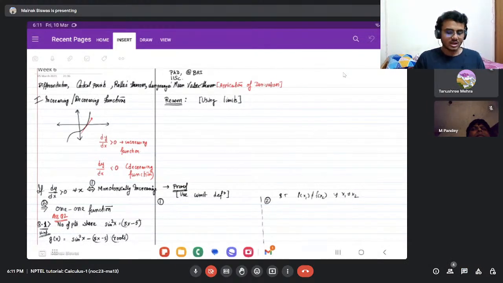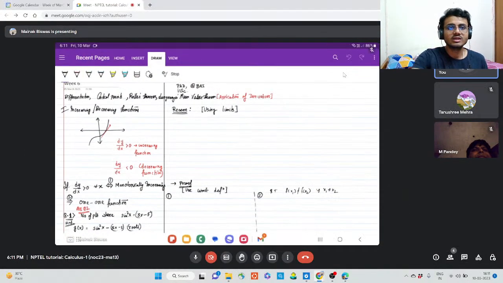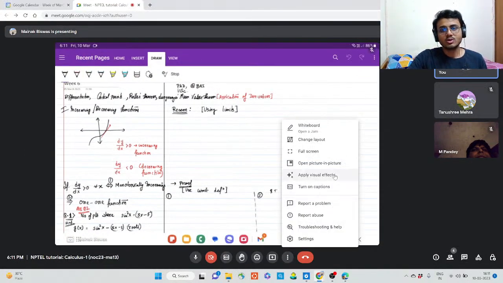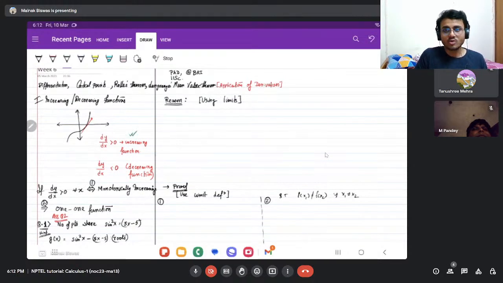So the first thing we'll be talking about is what is an increasing or a decreasing function. This is the simplest thing to check with the derivative. I say if the derivative is greater than 0, your function is increasing, and if it is less than 0, your function is decreasing. So why is that?